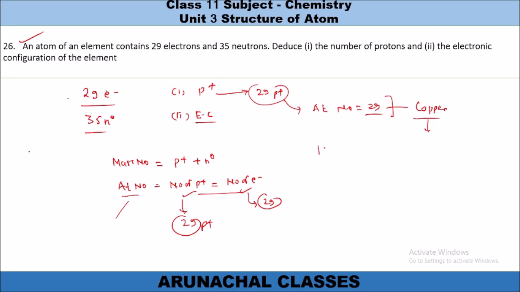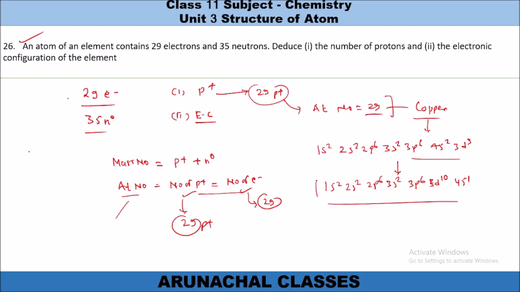It is 1s2, 2s2, 2p6, 3s2, 3p6, 4s2, 3d9. But here we see a change in the configuration. It is 1s2, 2s2, 2p6, 3s2, 3p6, then 3d10 and 4s1. So this configuration is considered for copper.